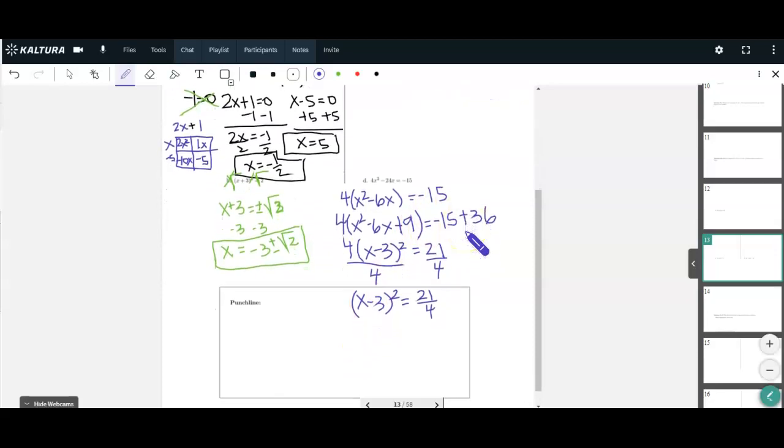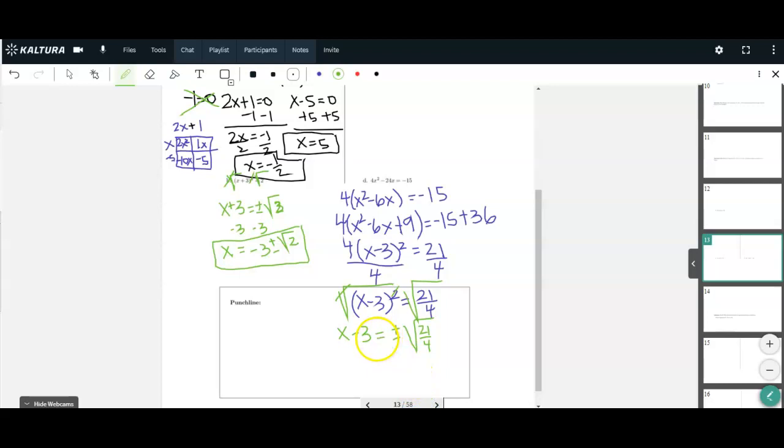Okay, then what from there? So you would add 3 to both sides and it'd be x equals. So not quite yet. There's one thing we need to do first. Maybe you thought we did it already. How do we get rid of that squared? Square root it. Yeah, so let's square root both sides first. Right, so now we got x minus 3 equals plus or minus the square root of 21/4.